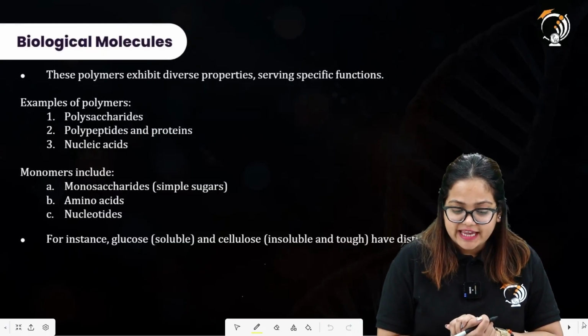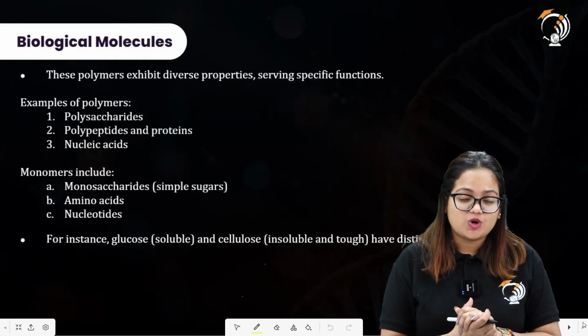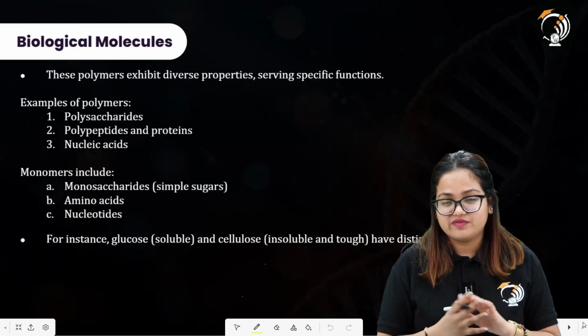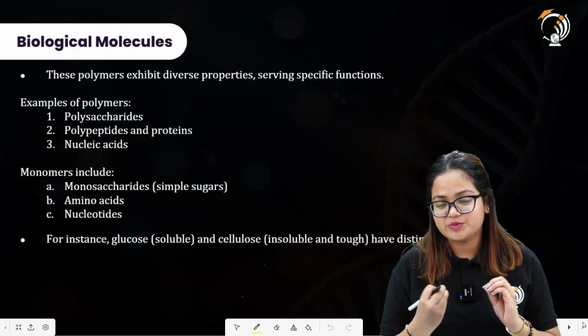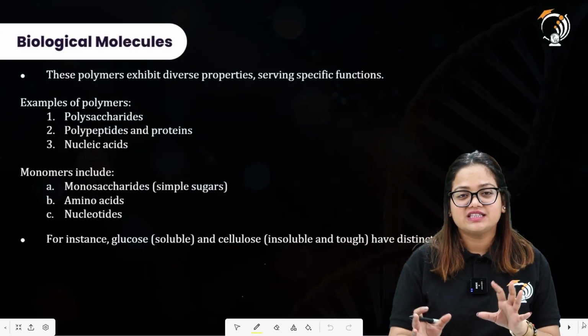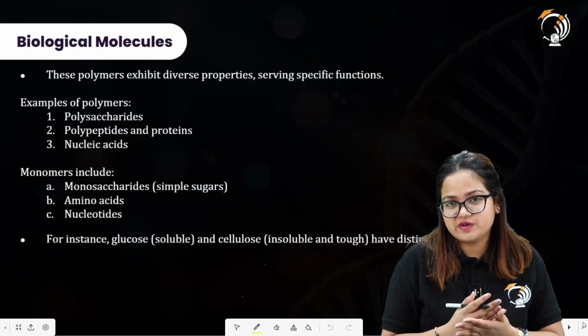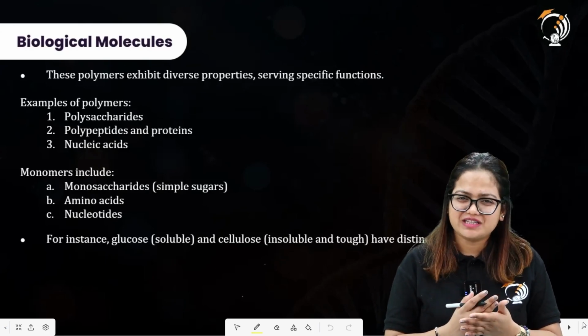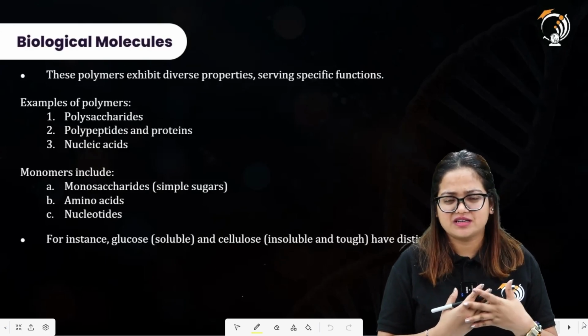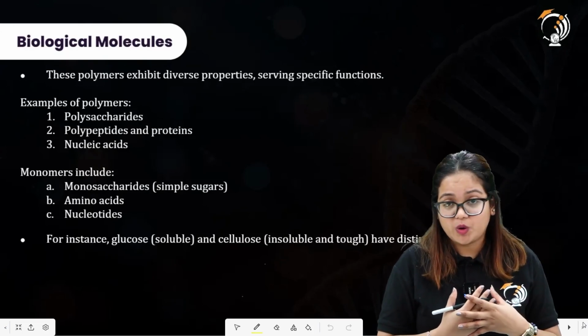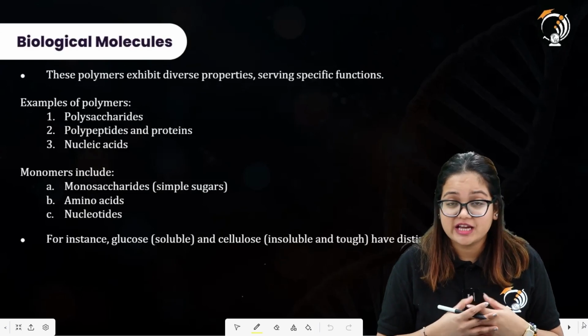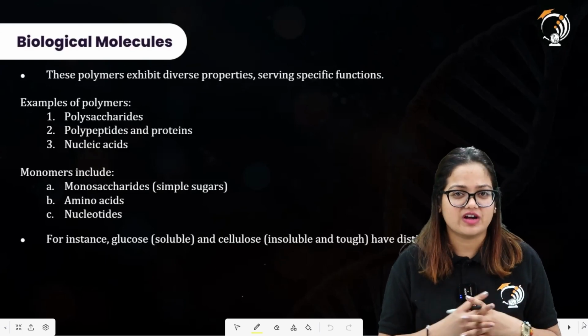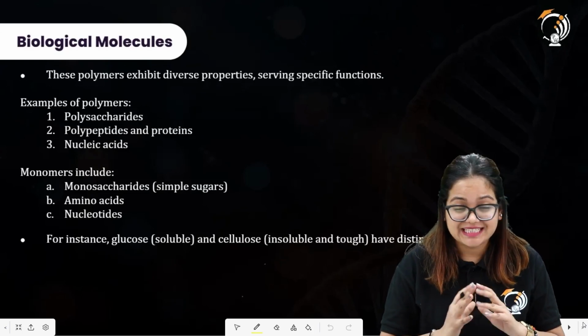These polymers exhibit diverse properties. So all of these polymers have different properties and specific functions, since the bonding differs, and the number of carbon atoms, hydrogen atoms, and oxygen atoms is different in all of these polymers. So they will also exhibit specific, or you can say different, functions among each other. Examples of polymers.